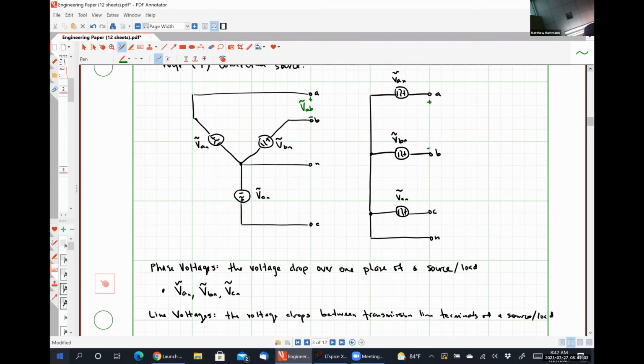Similarly, VBC is another line voltage. And finally, VCA is our third line voltage for this system.